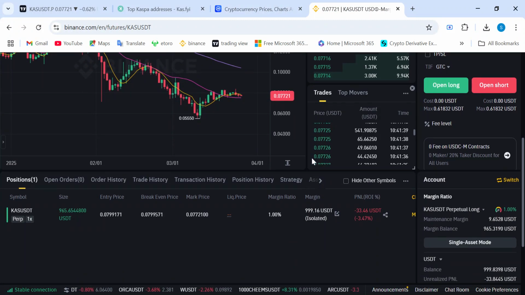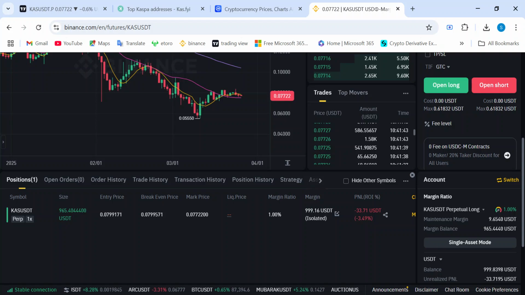You can see my position right here. It's a $999 position, but since it's down from yesterday, I am about minus 3.5%, which is not a bad thing considering it's 1x leverage. You can actually purchase with Binance too, without any leverage, just 1x. You just have to take profits along the way, because there will be a funding fee if you keep holding for years.